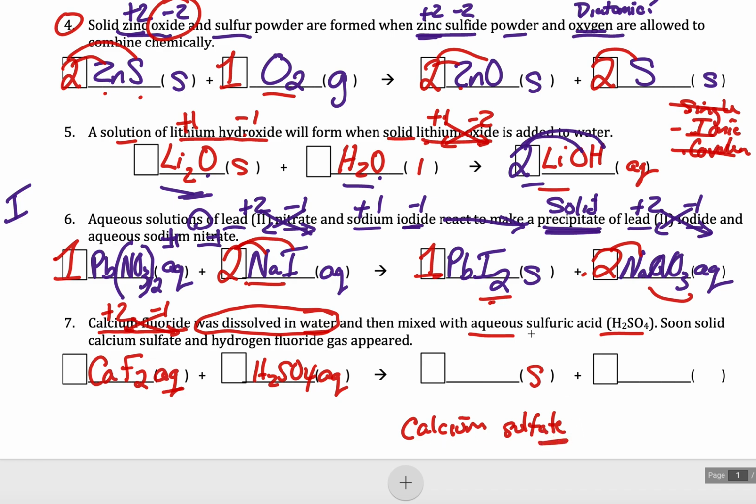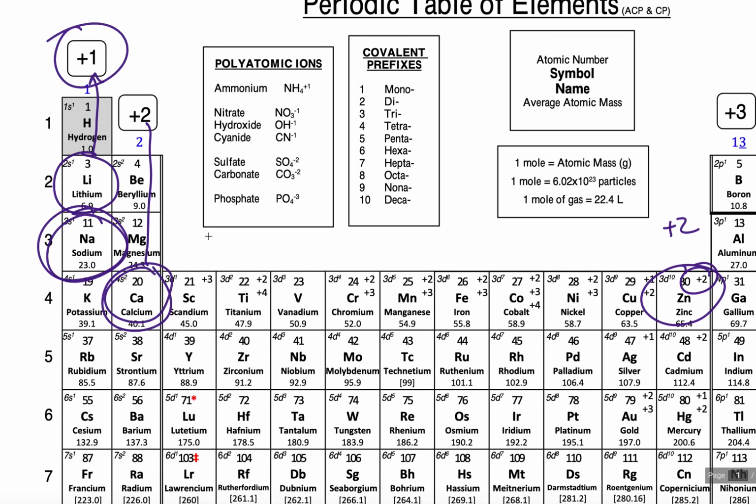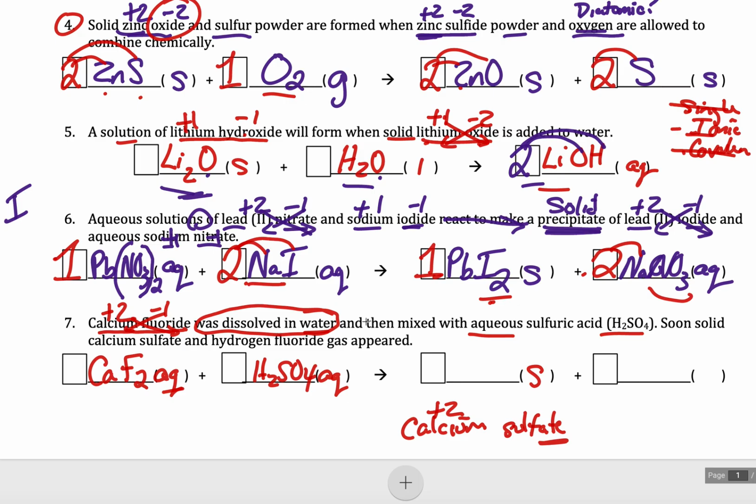You have to know that. So what are the charges? Well, we know calcium's +2. Sulfate, if you don't remember, it's not sulfide, it's sulfate. So you have to look over here. SO4 -2. So you make a little note, SO4 with a -2. So I've got a +2, -2. I can write a 1-to-1 ratio. 1 calcium, 1 sulfate. Perfect.